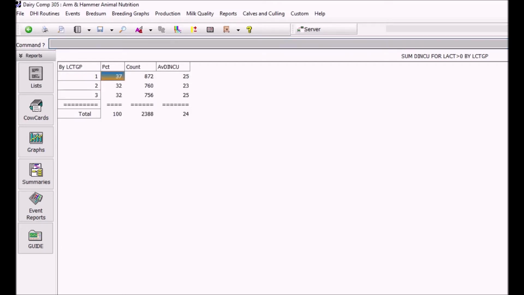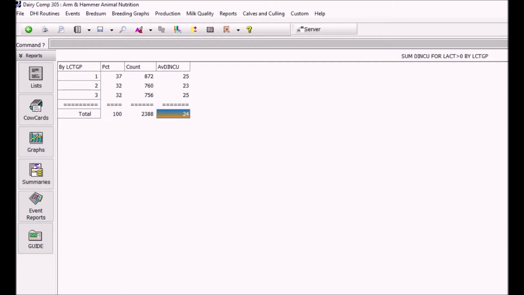You can actually get more out of the command by saying "by lactation group." That's going to give us the same 24, but basically broken apart by lactation group. So we can see how many days in close-up each of those groups are spending in the close-up pen on average.